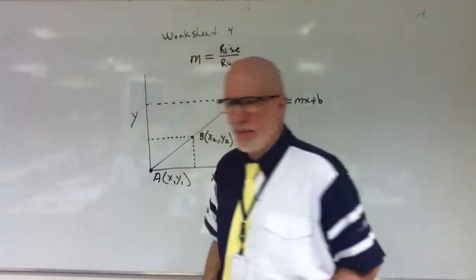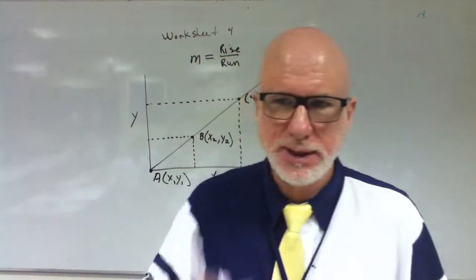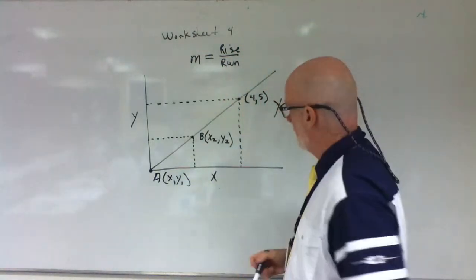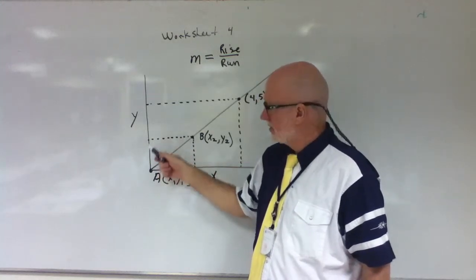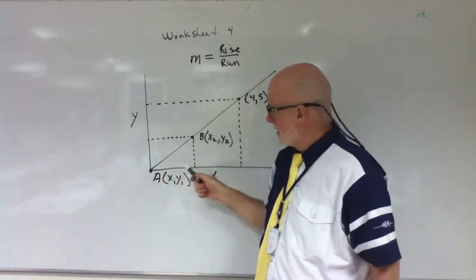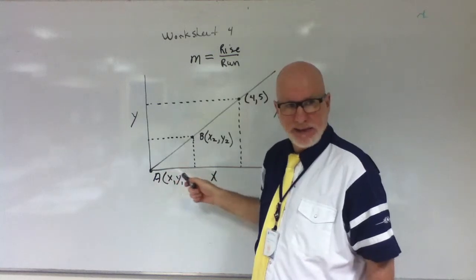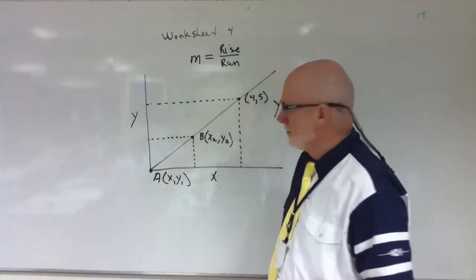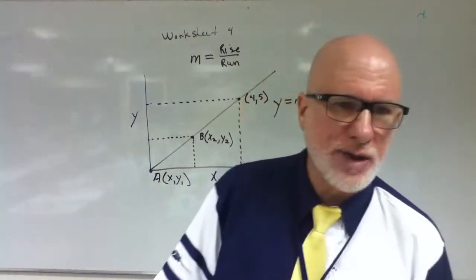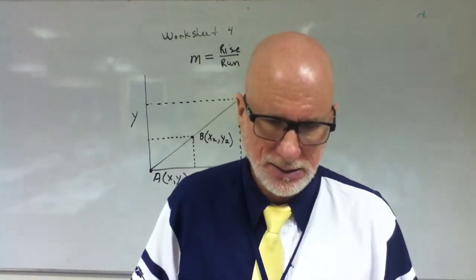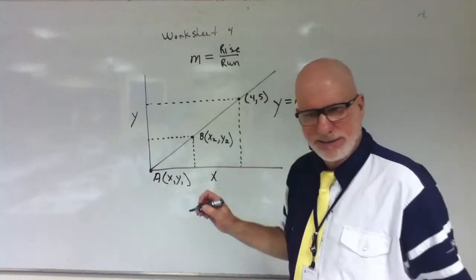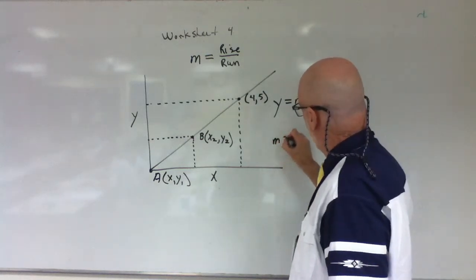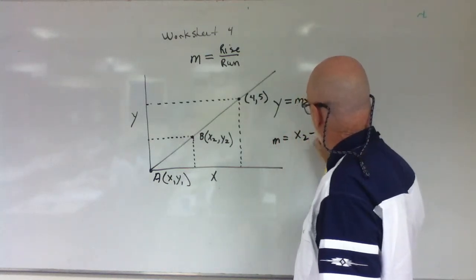What do you mean by rise? Rise, this distance, divided by this distance. Is that right, Greta? Okay, good. But how would you do that mathematically? y2 minus y1 over x2 minus x1.